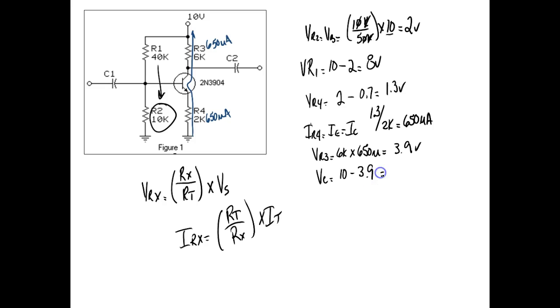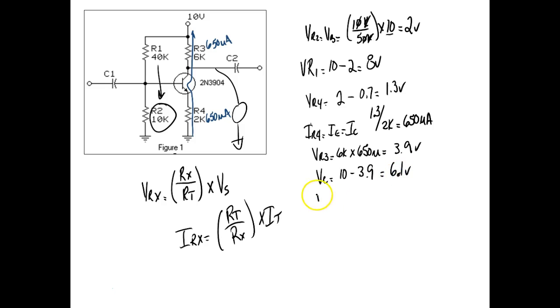You understand that? Because VC is measured right there, and that's after the voltage drop of R3. So what does this give us? 6.1 volts. So we're operating toward cutoff.